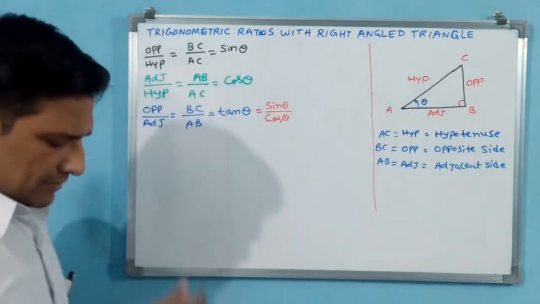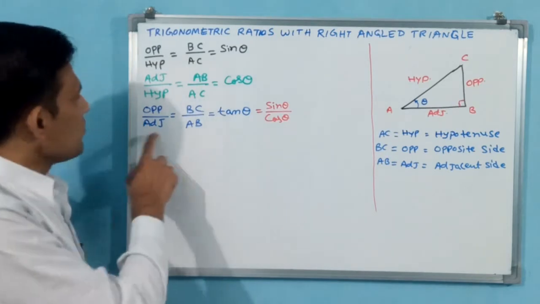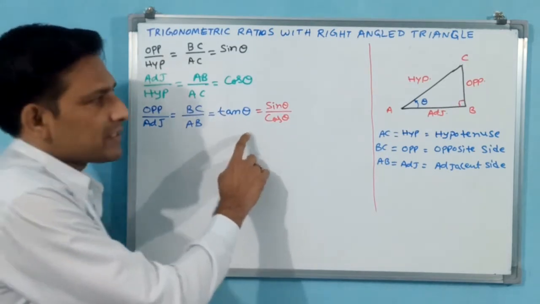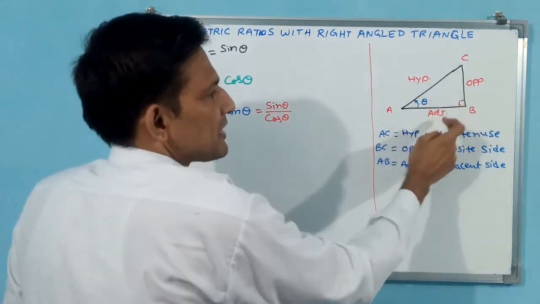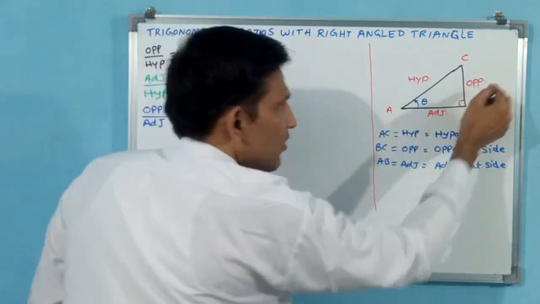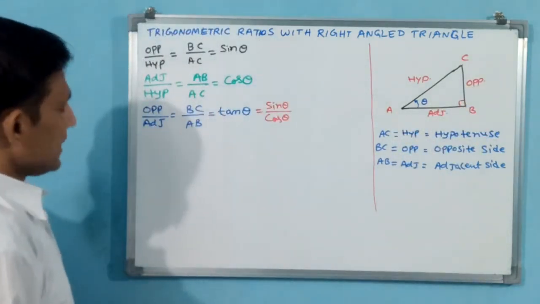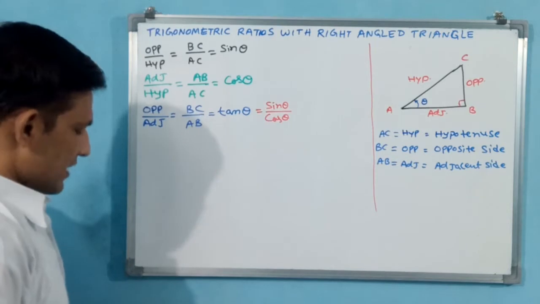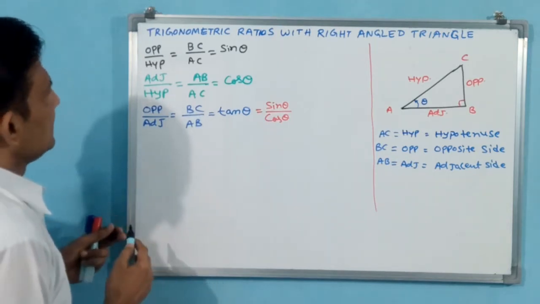Everything is reversal. Now for this we will reverse. What does that mean? See, we have taken opposite side by adjacent side. Now adjacent side by opposite side also we will take.